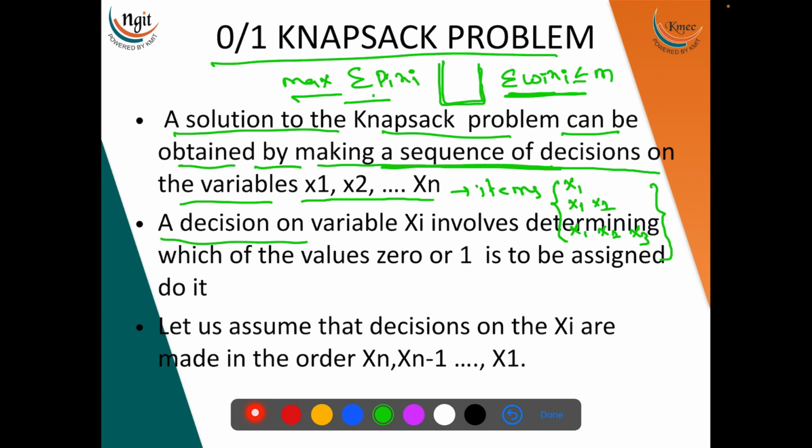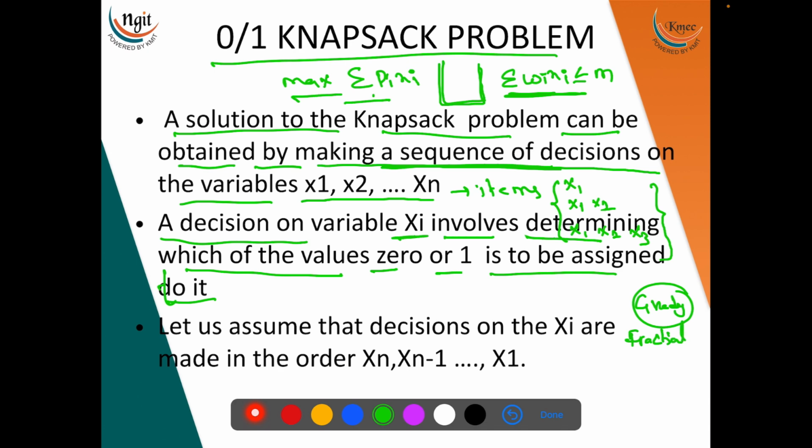A decision on variable xi involves determining which of the values 0 or 1 is to be assigned to it. That means we cannot place half of an item, the way we did in the greedy method.